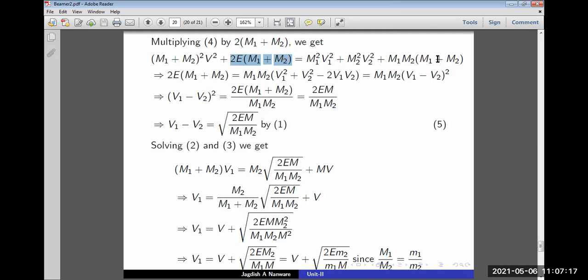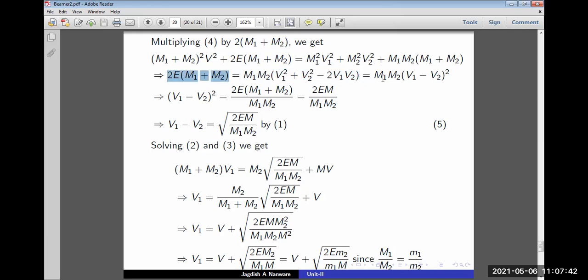This is equal to m1 plus m2 into, you just see this term and this term, and some of the terms will vanish. This bracket is the expansion, this is the only bracket, not m1. This is the expansion of V1 minus V2 squared.